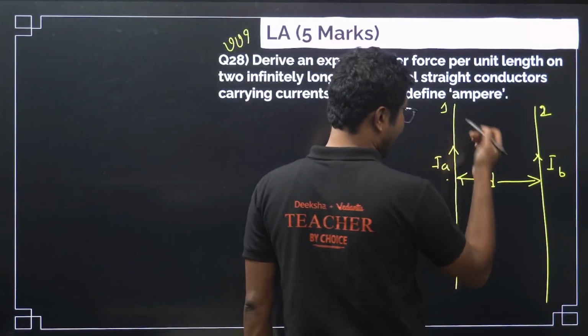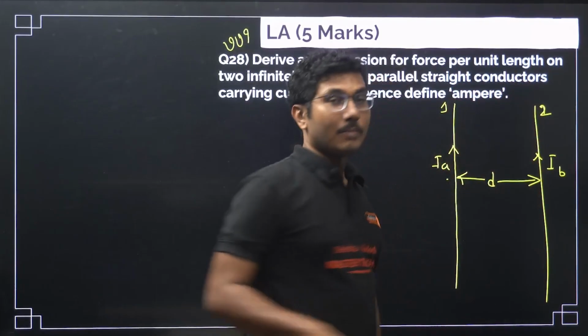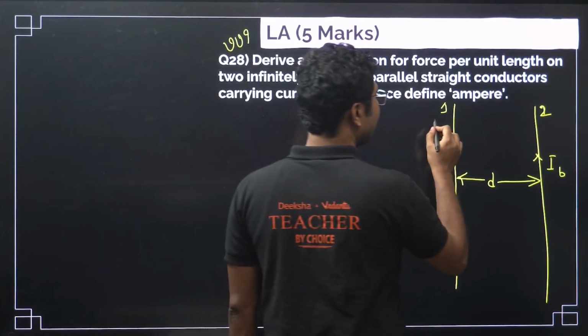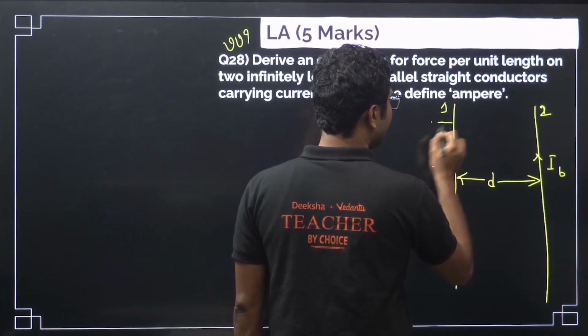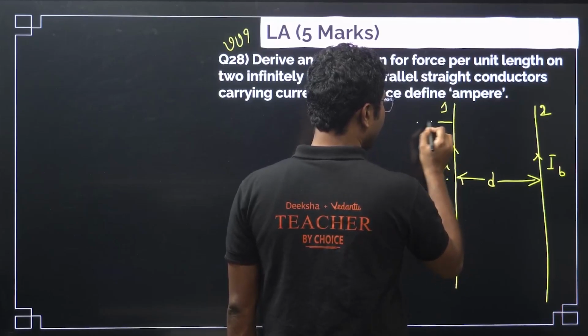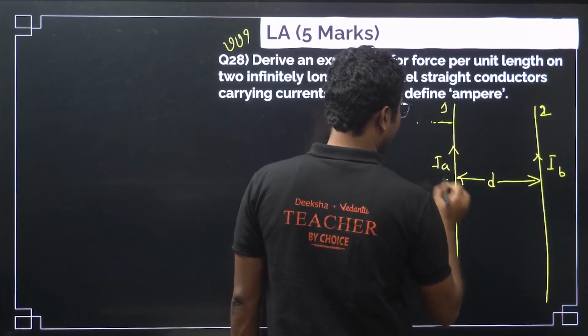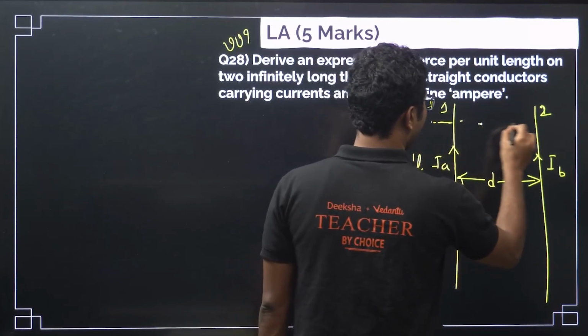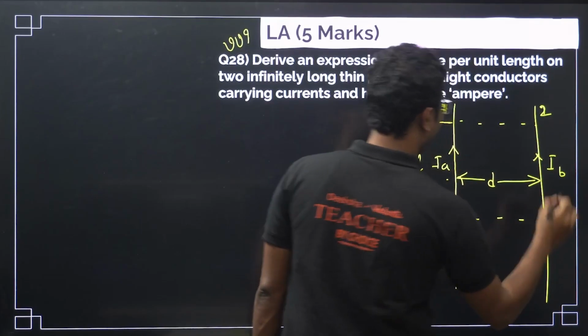This is an infinitely long wire, but when you apply the formula BIL sin theta, you have to consider a finite wire length. For now we are considering the length L for both wires.